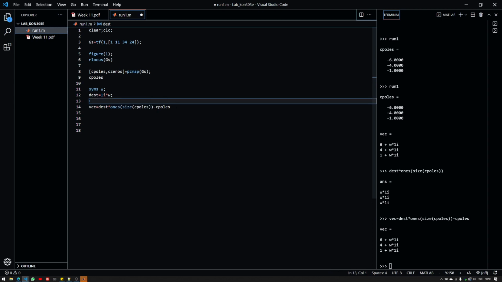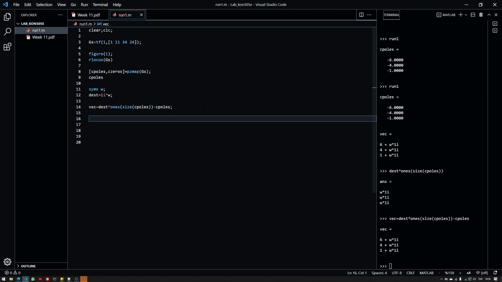So let's leave it there to indicate ourselves that this generates a same-sized vector with a destination point in it. So therefore, my vectors in the complex domain are 6 plus omega I, 4 plus omega I, and then 1 plus omega I.